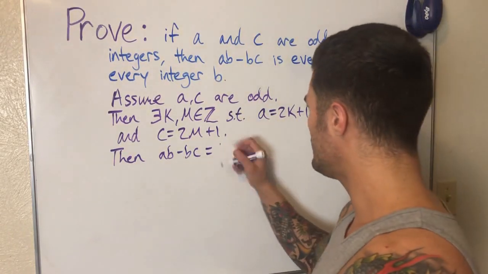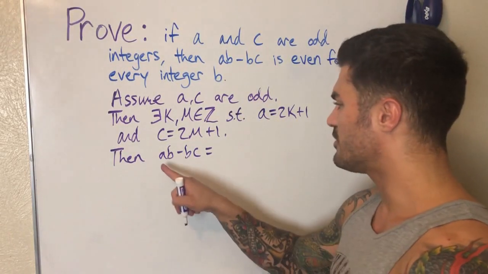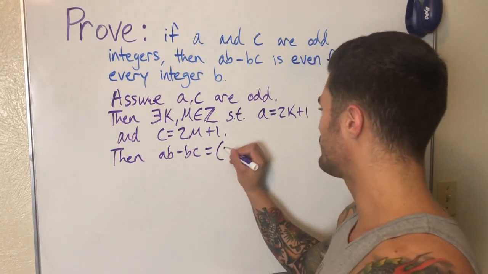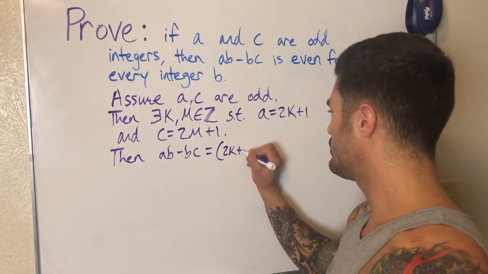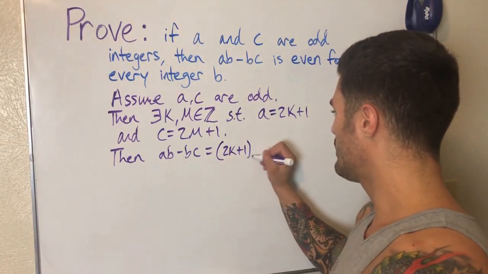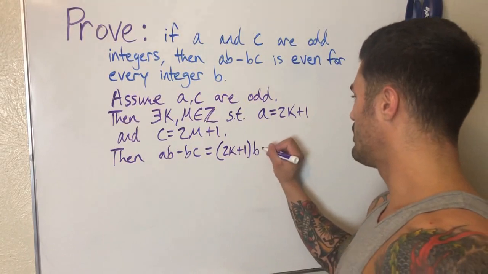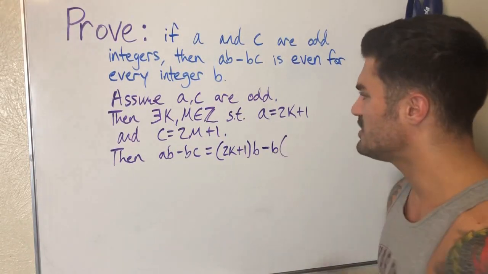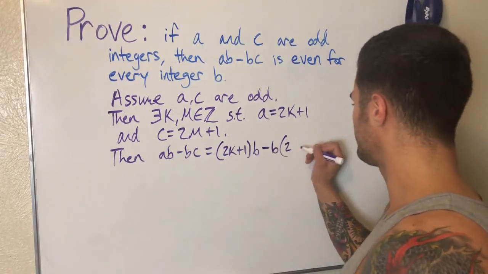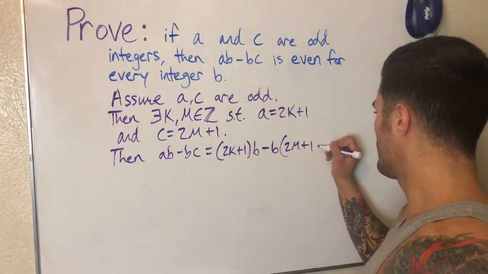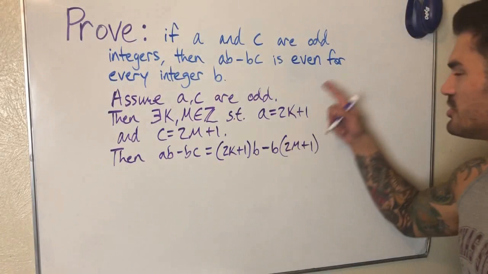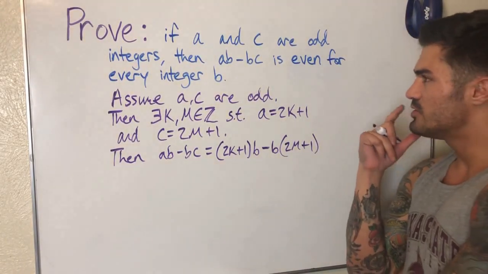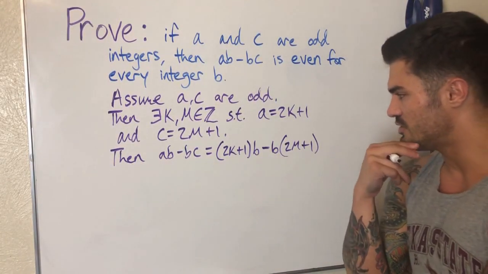I'll keep the a after, in order of a, b, just for organization. 2k plus 1, and I'll write the b out here, minus, and I'll write the b in front here. What's the c? 2m plus 1. And what am I trying to show? This is even, so 2 times an integer.